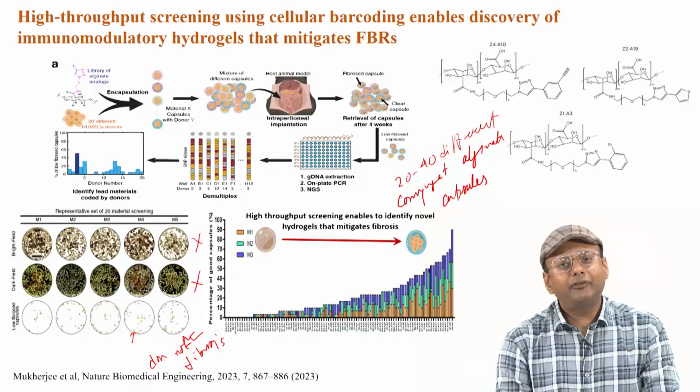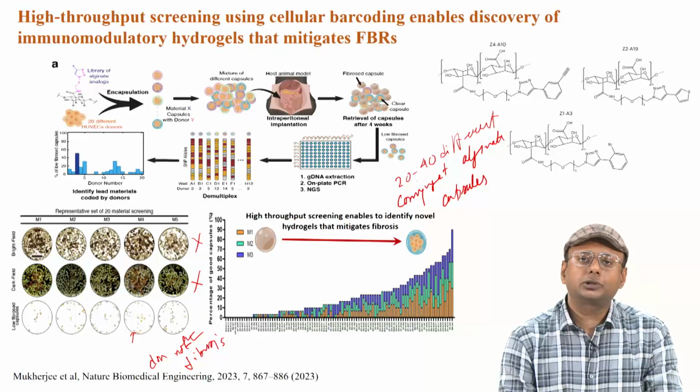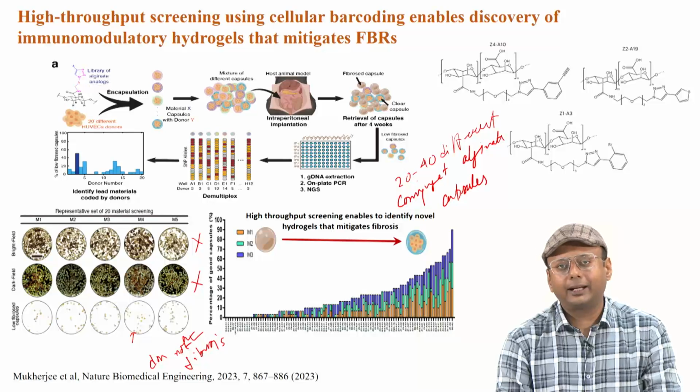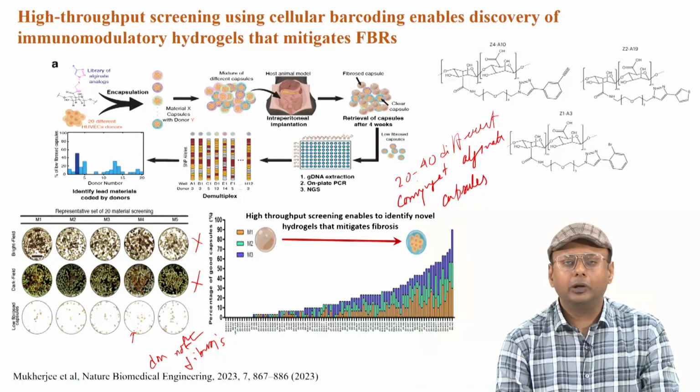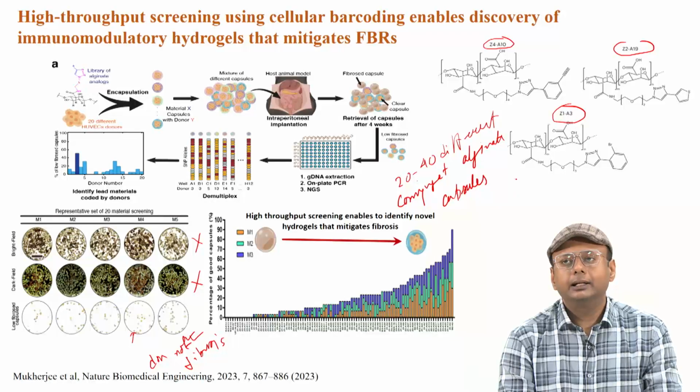So by identifying that barcode, which genes or which cells are present inside those capsules, we could backtrack and identify the lead molecule. In this way we identified 3 different lead molecules which can reduce fibrosis for the long term.